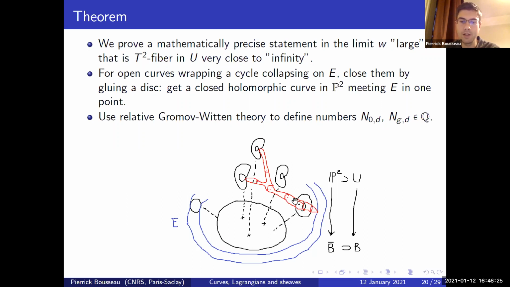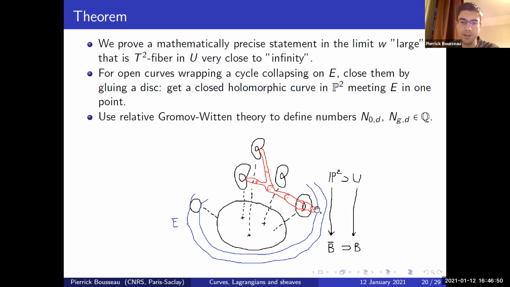And now once you are working with closed holomorphic curves, you are back in algebraic geometry. Now this closed curve will be algebraic, and then you can use some algebraic machinery to talk about these objects. Whereas if you were looking at open curves, you would have to deal with complex analytic or symplectic geometry, which would be much more difficult.